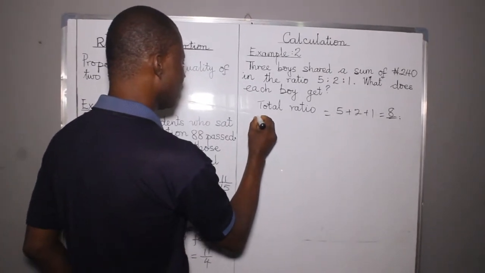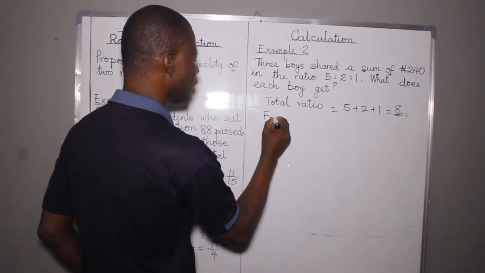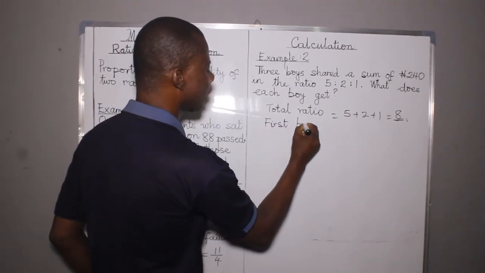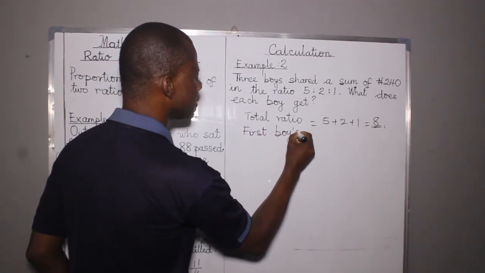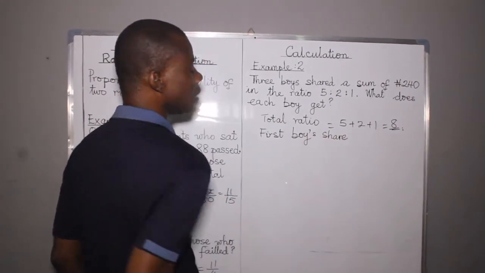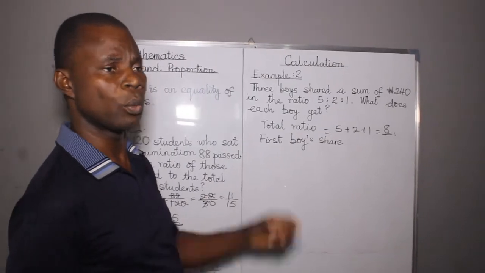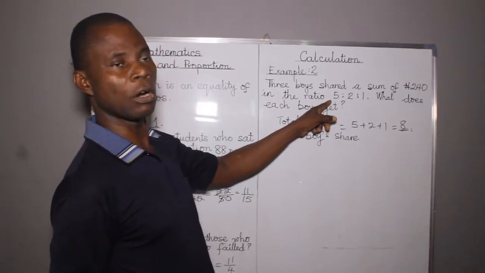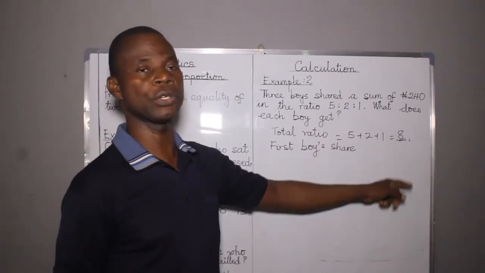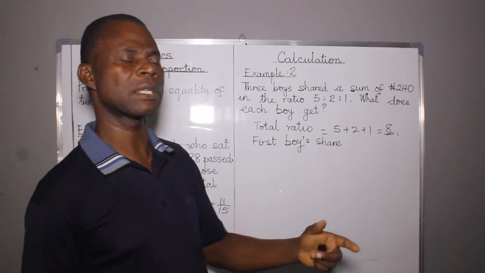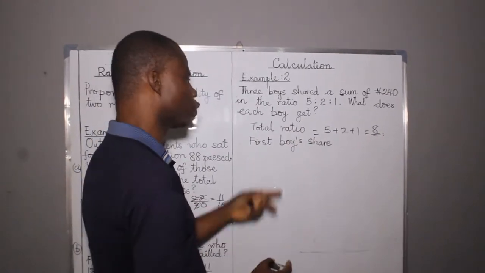First boy's share. How do we get this? We take the first boy's proportion or ratio over the total ratio times the amount given, or times the number of items to share.